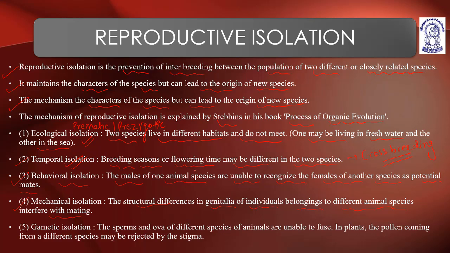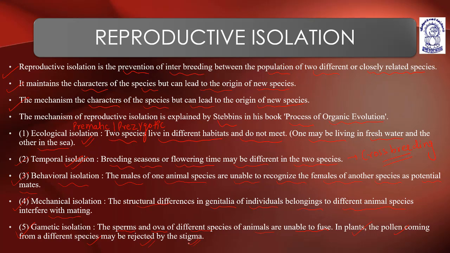Then gametic isolation: the sperms and ova of different species of animals are unable to fuse. In plants, the pollen coming from a different species may be rejected by the stigma.